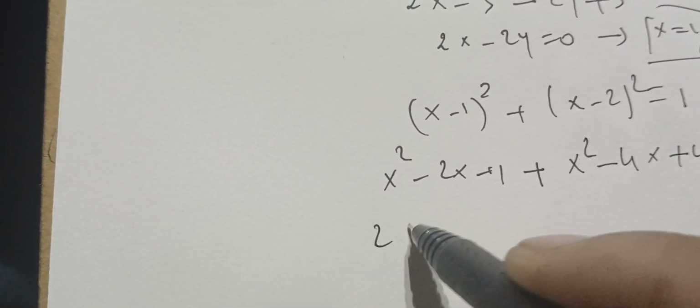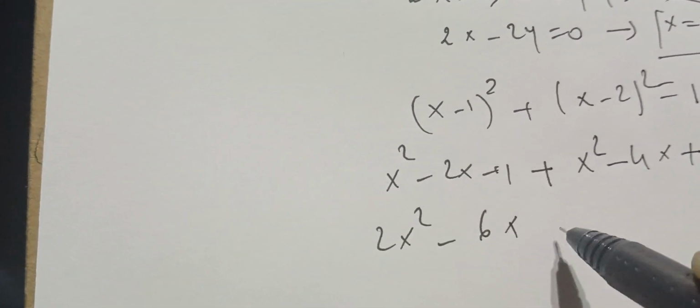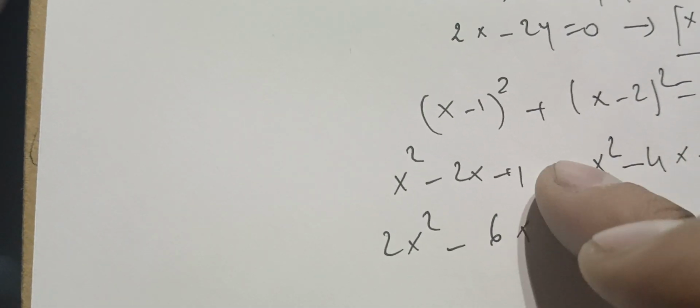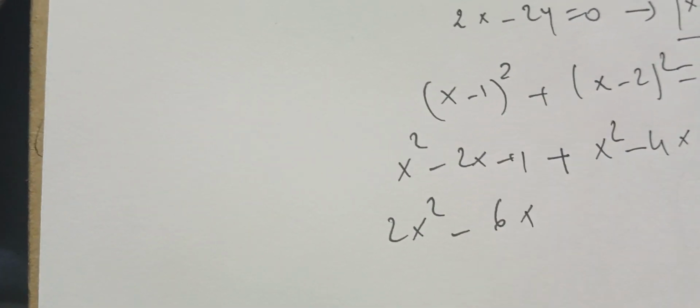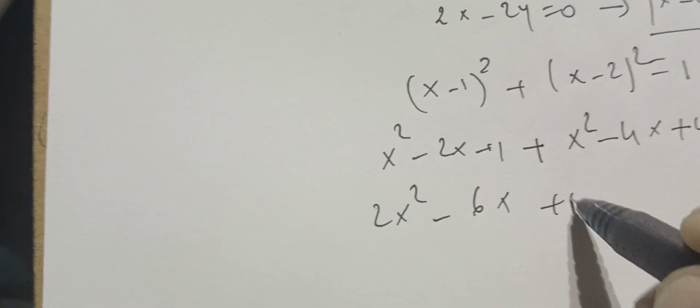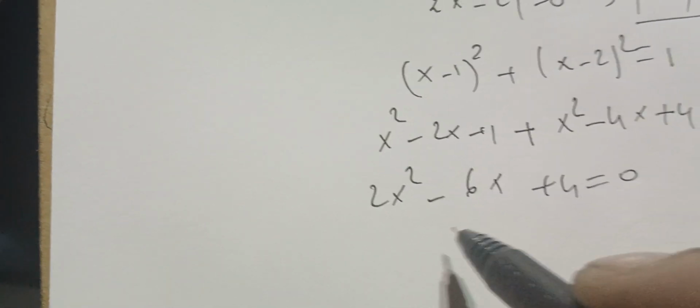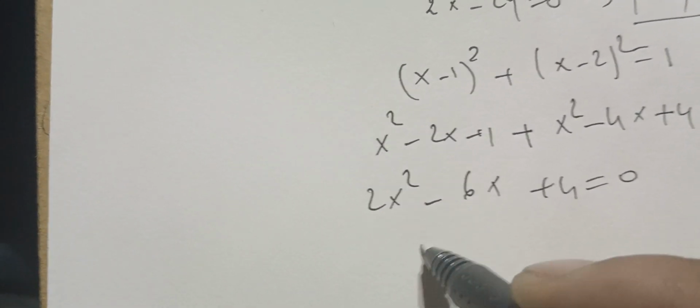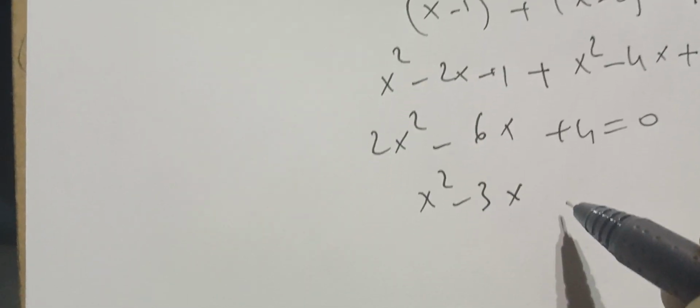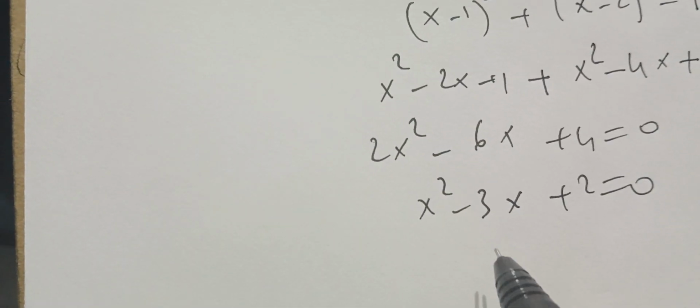So we get 2x squared minus 6x, and the 1 cancels with this one here to get 4. So we have 2x squared minus 6x plus 4 equals 0. Divided by 2, we get x squared minus 3x plus 2 equals 0.